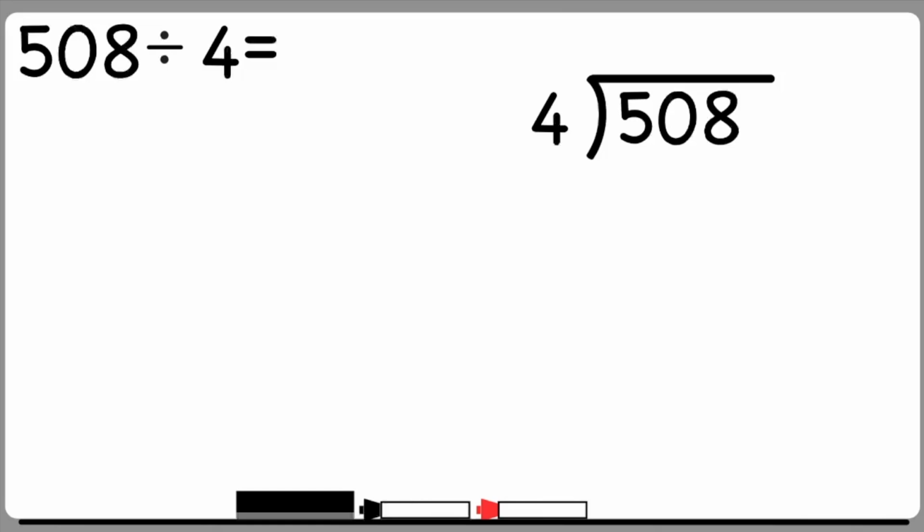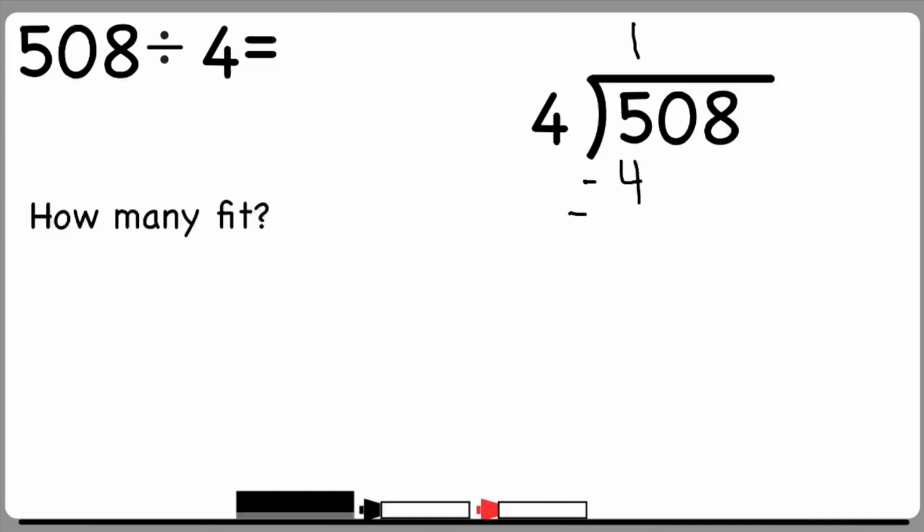Finally, we'll divide 508 by 4, setting it up the same way that we've set up the other problems. Now notice there's a 0 in this one. Don't be fooled or messed up by this. We're just going to treat it like any other digit. Ask our question, how many fit? 1, 4 will fit into the 5.